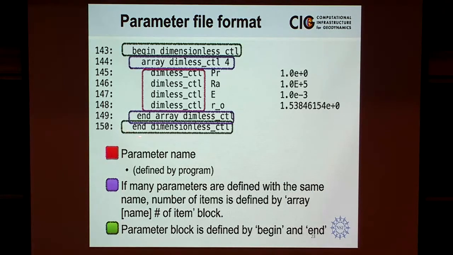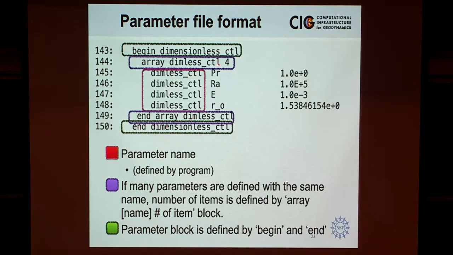Let's go to lines 143 to 150. There's a block of the parameter dimensions numbers. In a control file, I always set a block by starting with begin something name and ending with end something name.